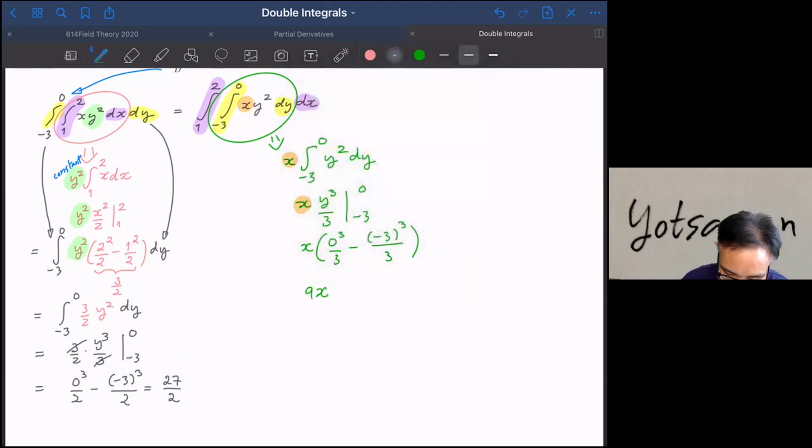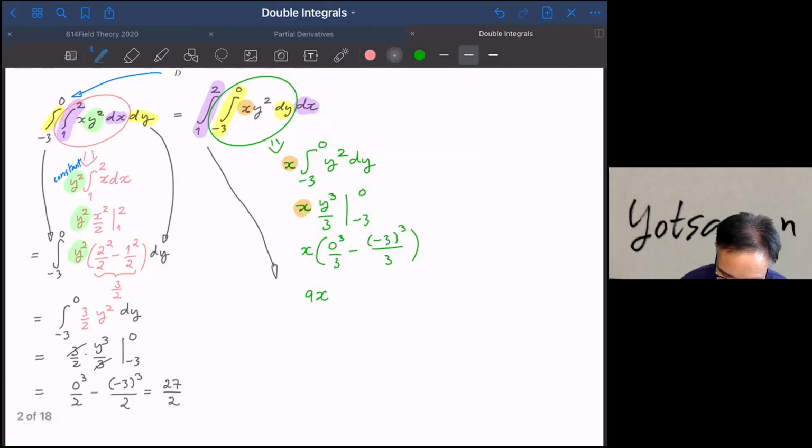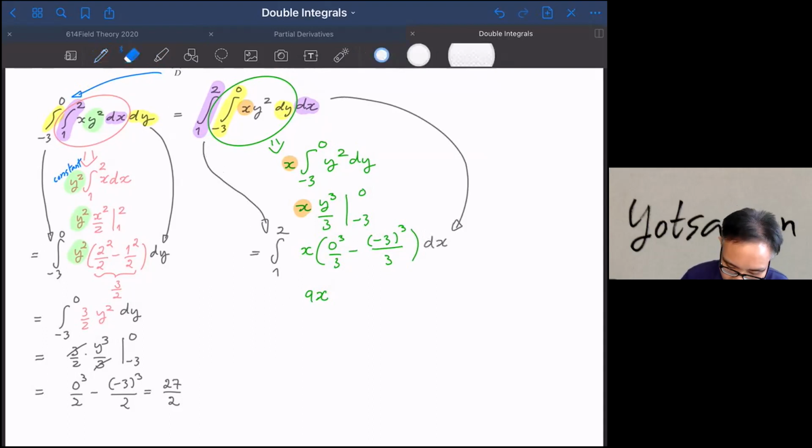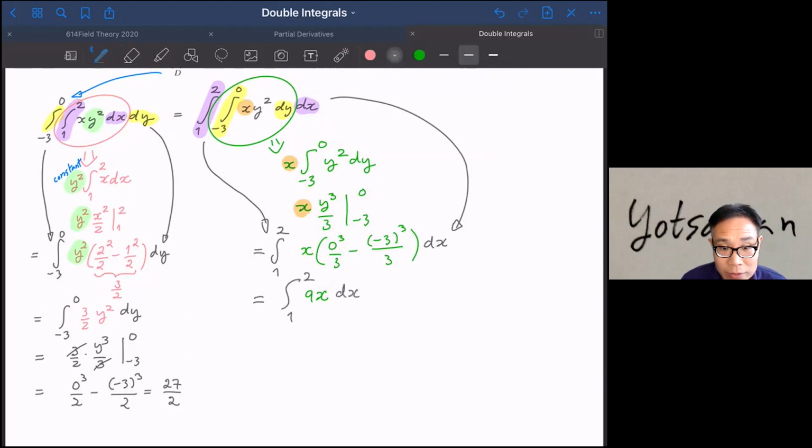So it's going to be the integral from 1 to 2 of 9x dx.